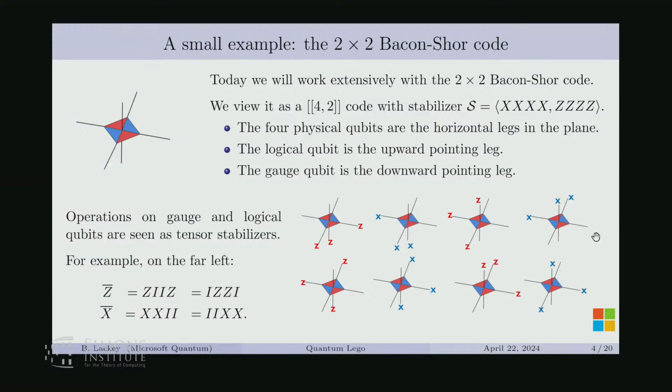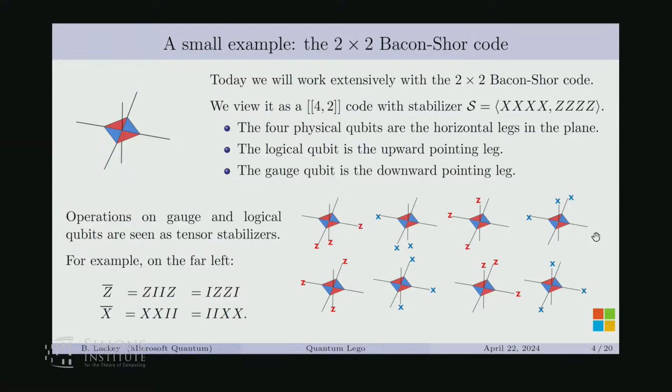In particular, the logical Z operator on this Bacon-Shor code is represented by 2 physical Z operators, in this case on qubits 1 and 4. And labeling the appropriate way, they're here. Having this logical Z and these 2 physical Zs then stabilizes the tensor that represents the underlying code. Now we can really think of this as a dynamic thing, and that's the genesis of operator pushing.